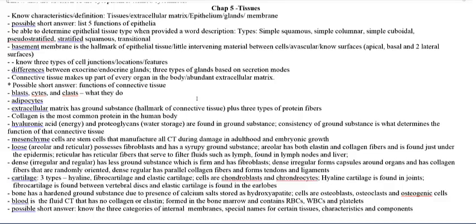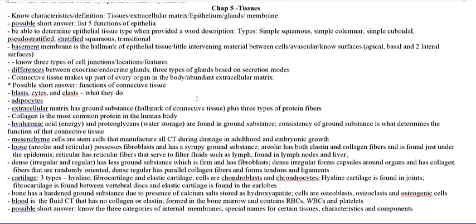But the way they release their products is still through exocytosis. And then there's holocrine glands that release their products by degradation of cells. The cell actually breaks down and releases its product. And so there has to be a lot of mitosis going on around there to keep producing these cells. The example we talked about here was sebaceous glands that secrete oil that coats hair.